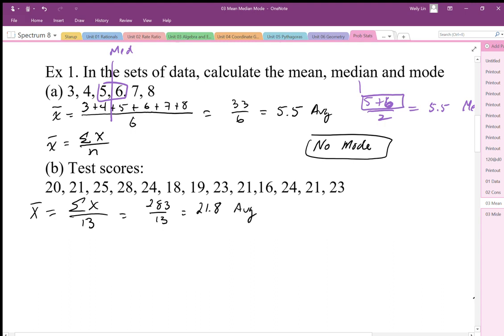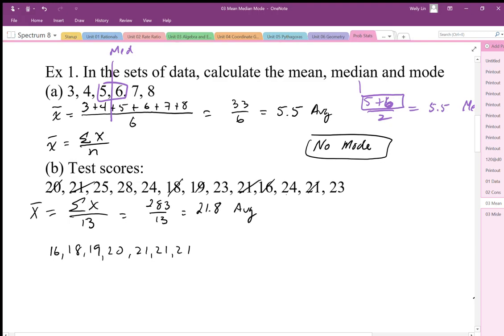The median, well, the median we kind of have to line these up. Okay, so I'm going to line them up from the smallest. 16, 18, 19, 20, 21, 21, 21. Looks like we have 3 21s.